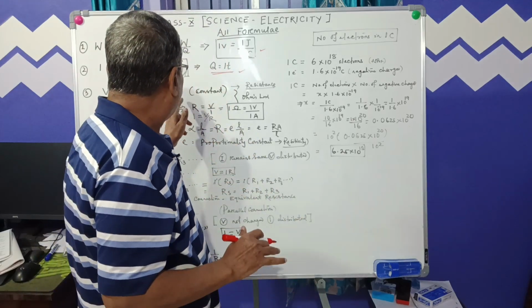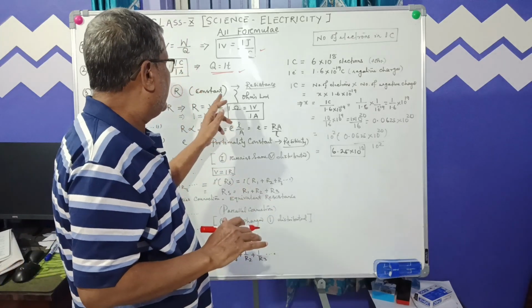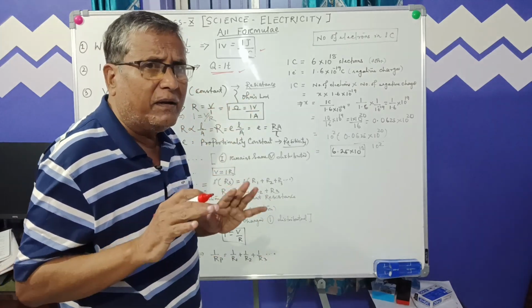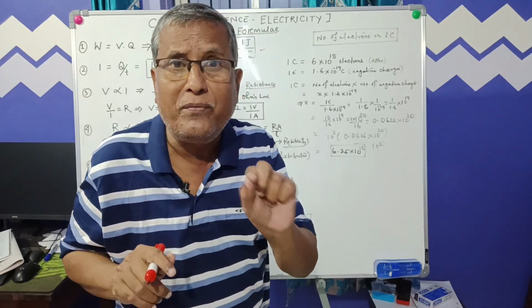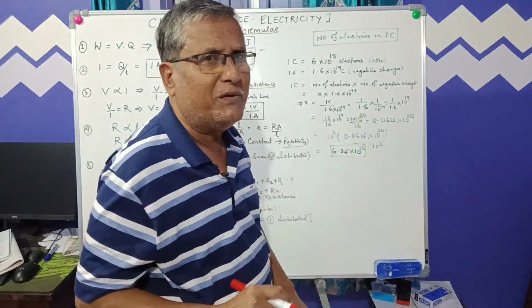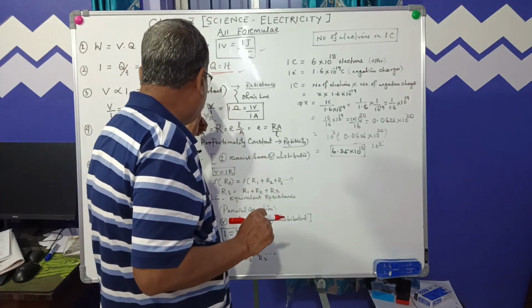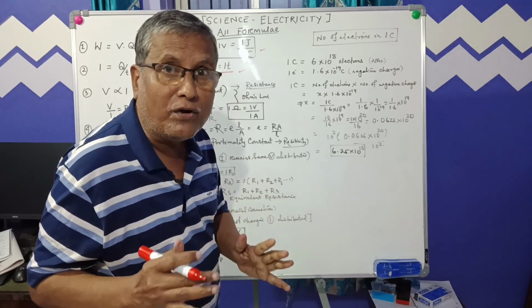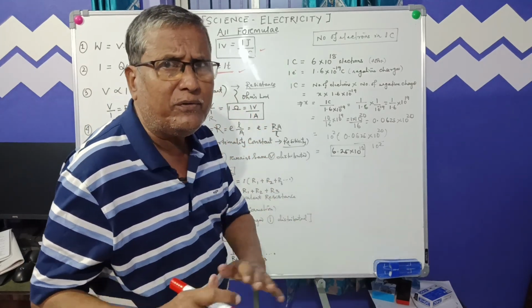So R is the constant for a conductor. This is called resistance. Resistance means it resists the flow of charges. So R is the resistance of the conductor, and it varies from metal to metal.